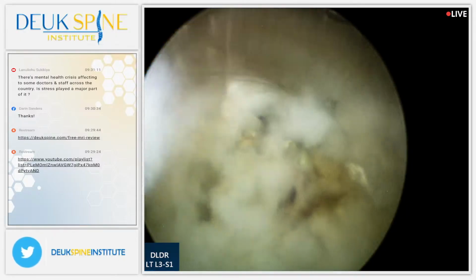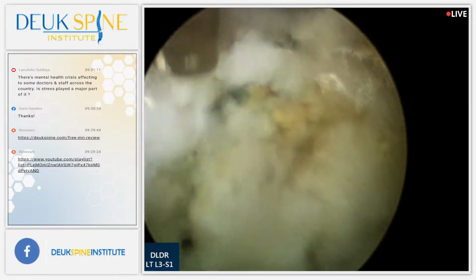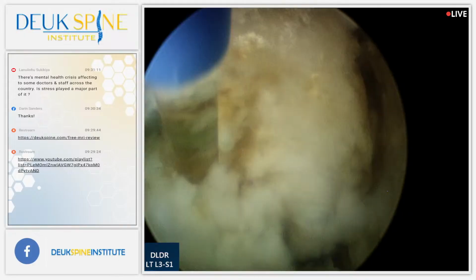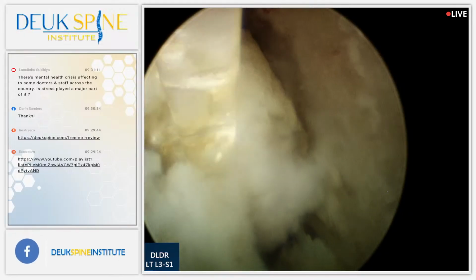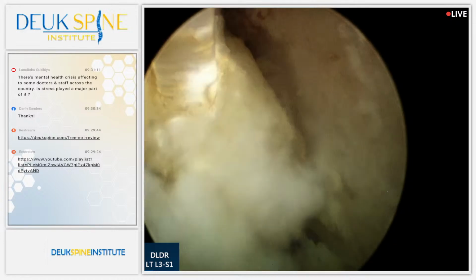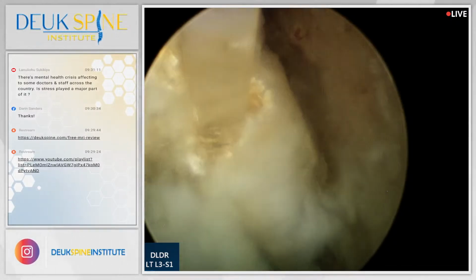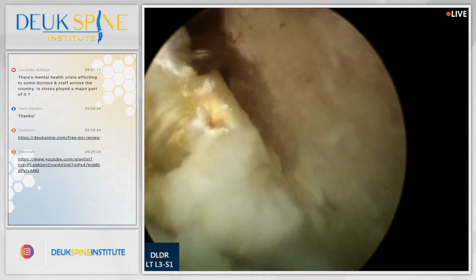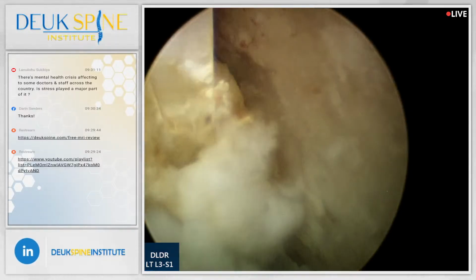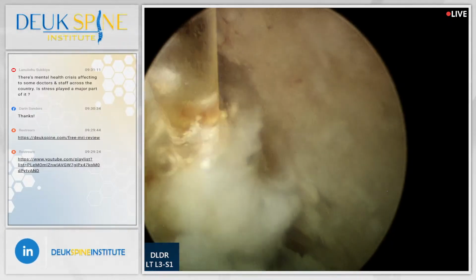So fusions can cost anywhere between $50,000 US all the way up to $500,000 US or more. I think the most expensive I've ever done was $500,000. And that was a scoliosis corrective surgery.